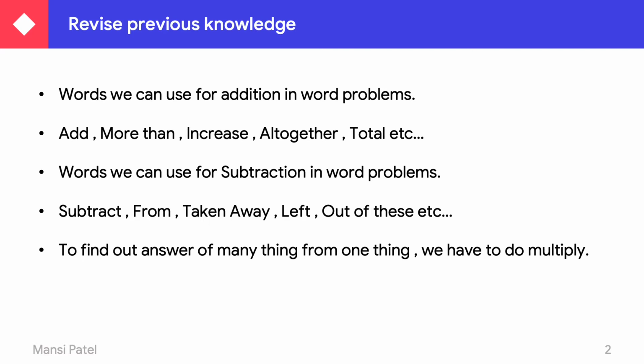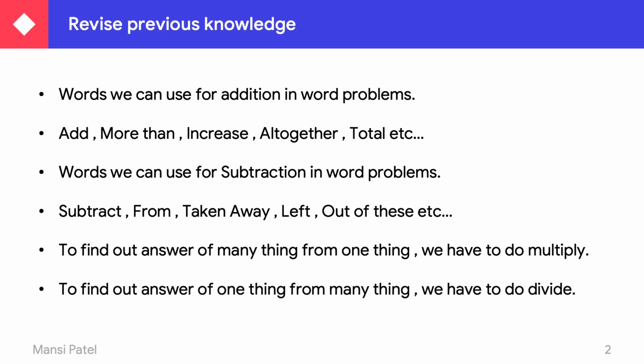In that we studied the unitary method, and in the unitary method if we want to find the answer of many things from one thing, we have to multiply. Then to find out the answer of one thing from many things, we have to do division, we have to divide.